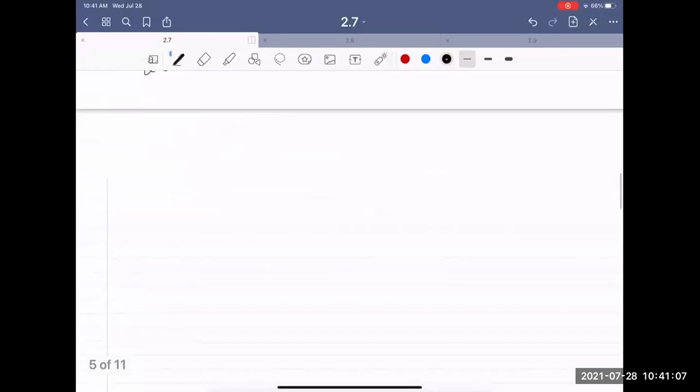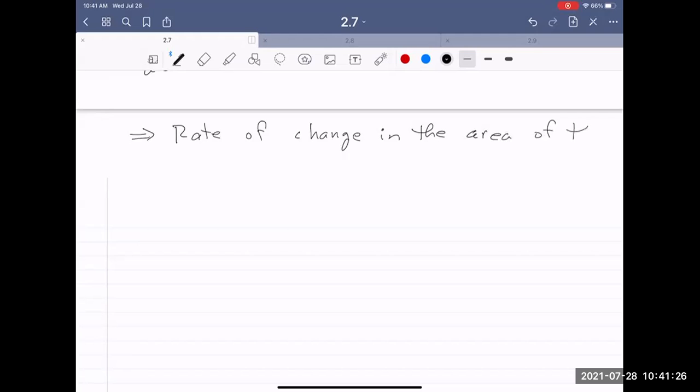So what this says is that the rate of change in the area of the ripple is a linear function, is linear in time.